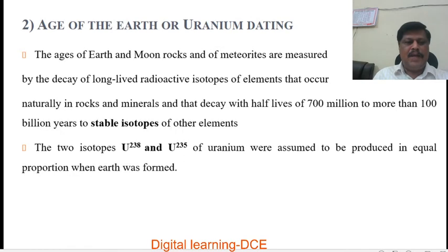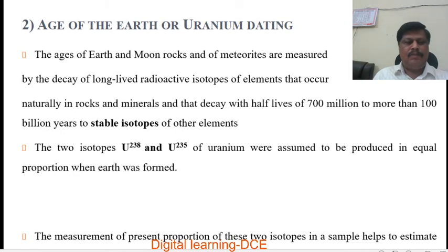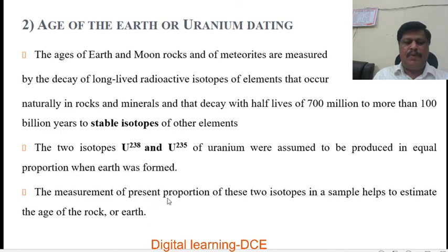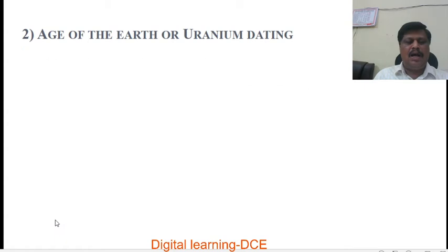The measurement of present proportion of these two isotopes in a sample helps to estimate the age of the rock or Earth or any other planet.